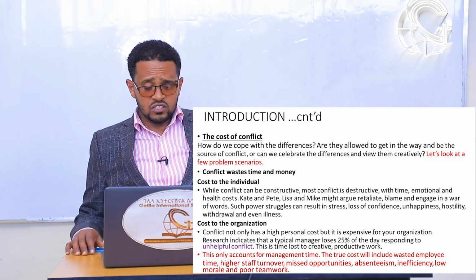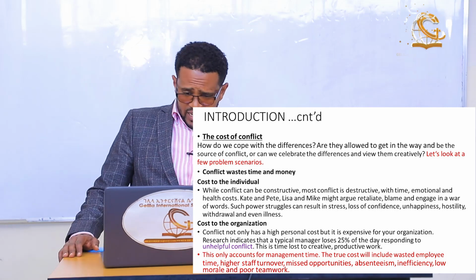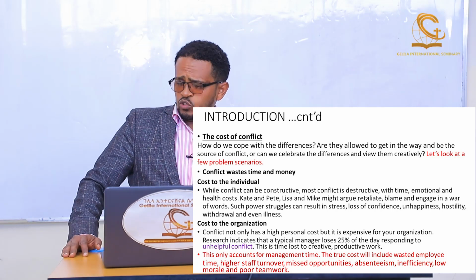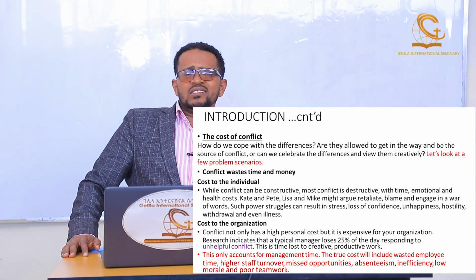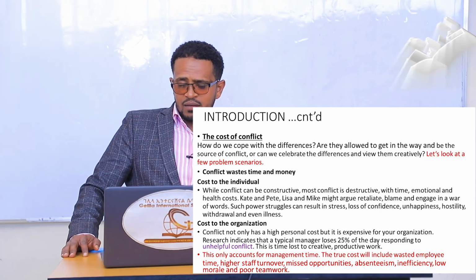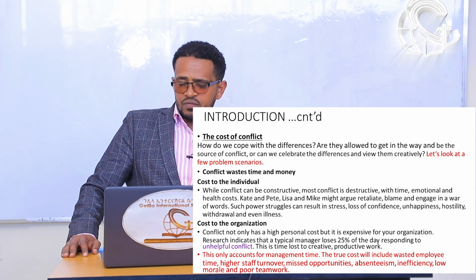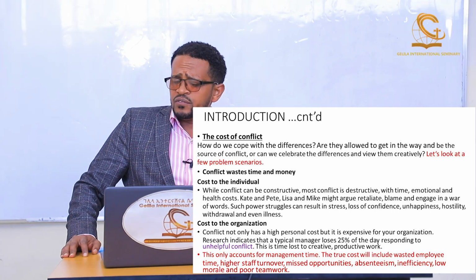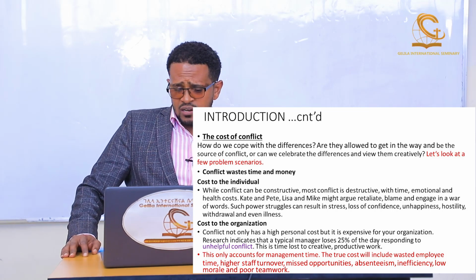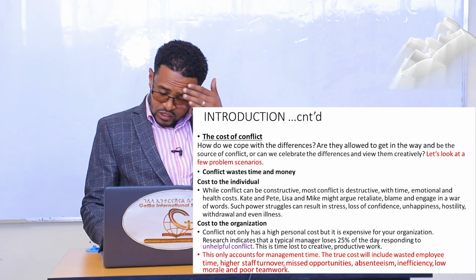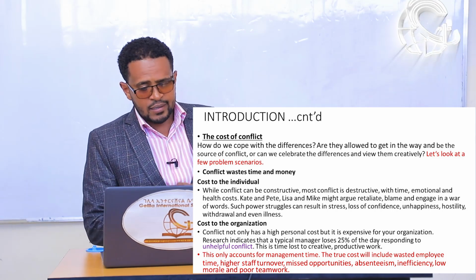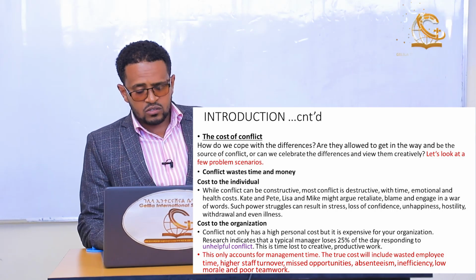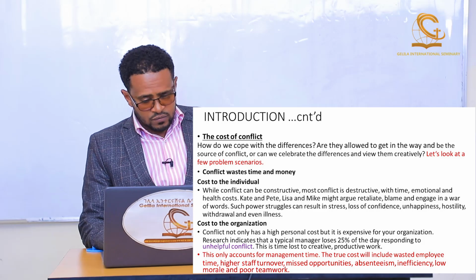The cost of conflict is many. This only accounts for management time. The true cost will include wasted employee time, higher staff turnover, missed opportunities, absenteeism, inefficiency, low morale, and poor teamwork. This is what's known as the cost of conflict. So this is a negative effect of conflict.